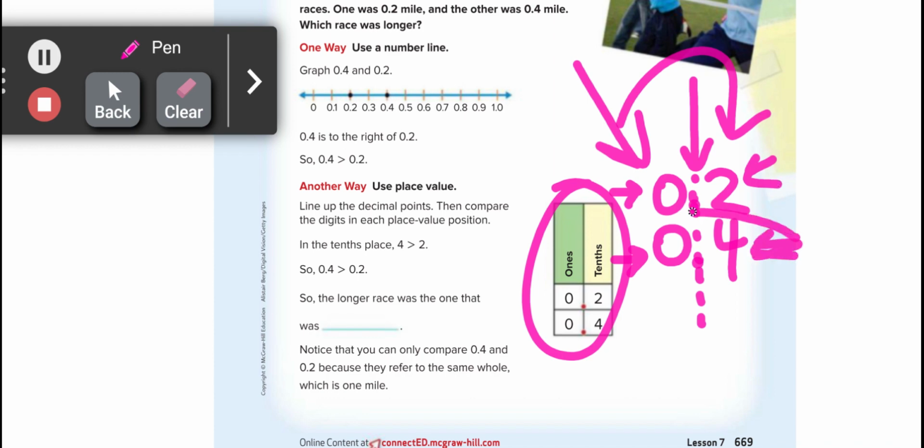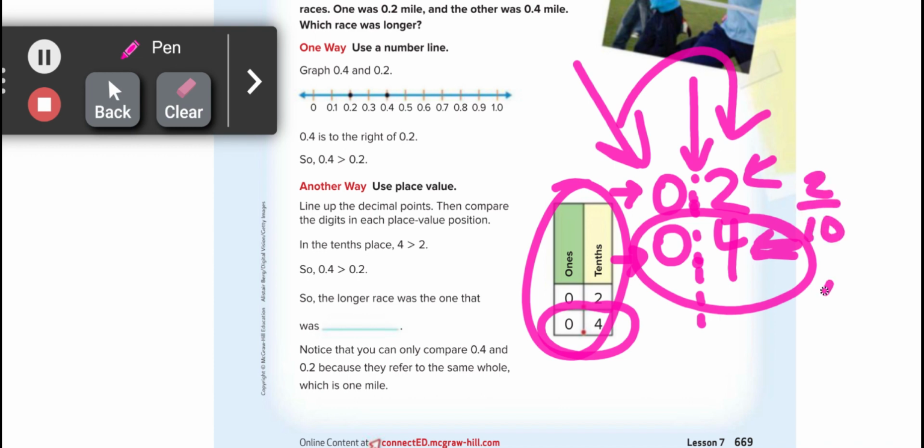Well, 4 is the bigger number, so that is the bigger decimal. 4/10 is my bigger decimal because 4/10 is longer than 2/10. And you can think of it as your fractions. Don't I have more if I have 4/10? Yes. So the longer race was the one that was 4/10 of a mile.